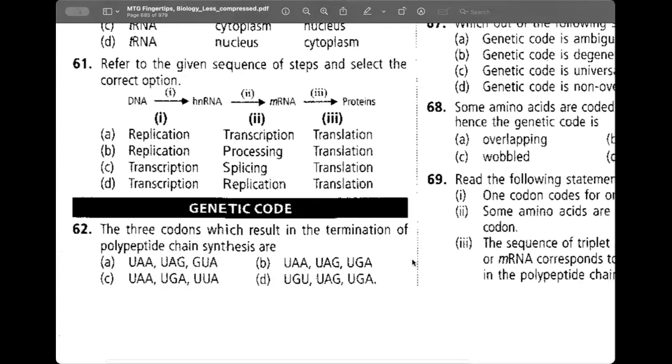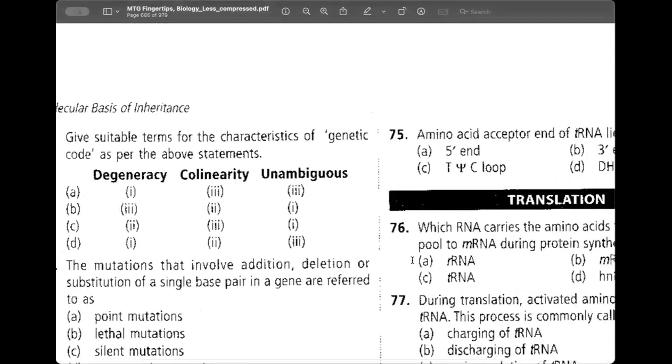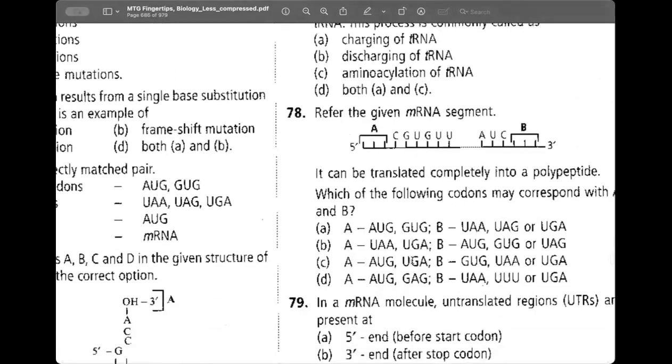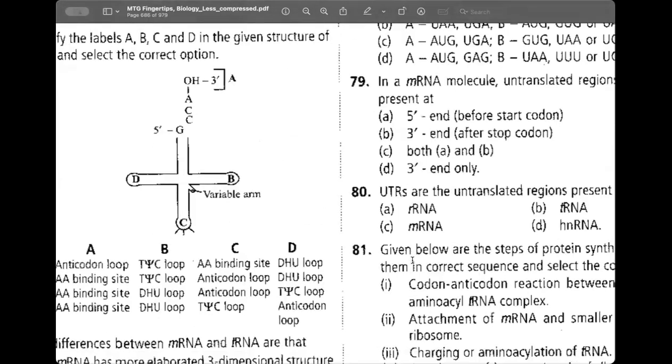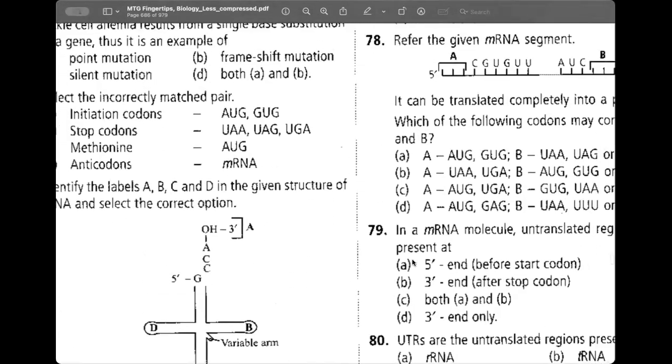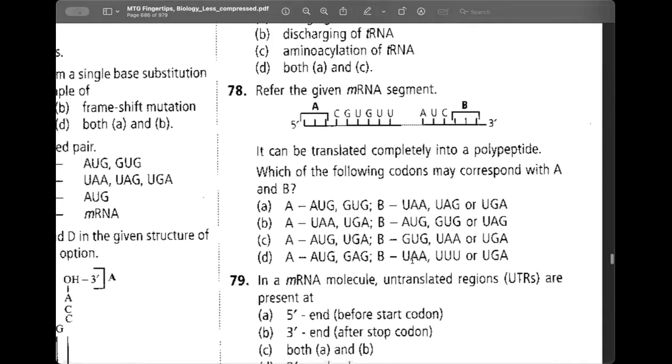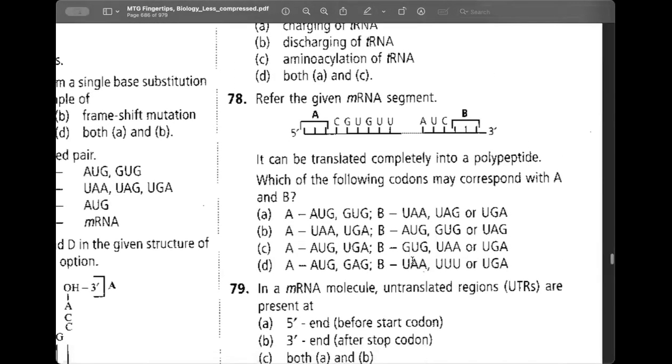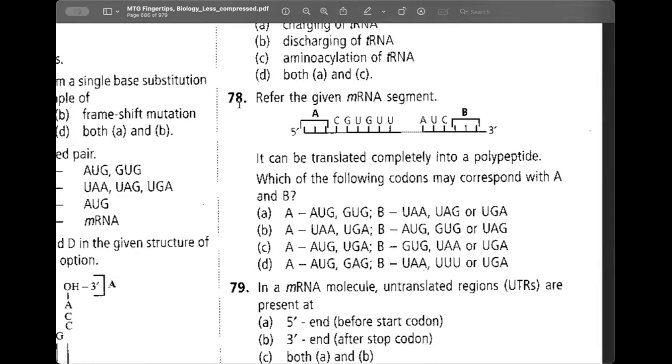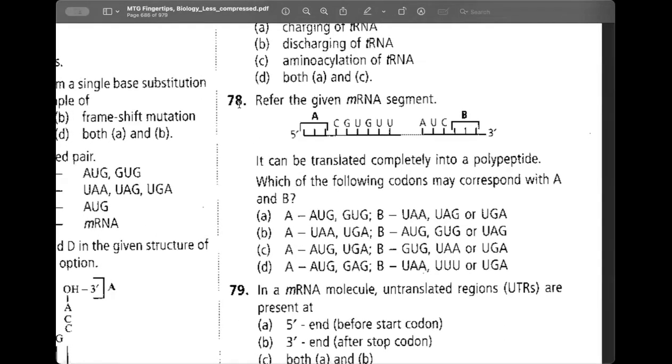Anyways, but there are some difficult questions that will come too, one of which is this one. Question 78, concept based. Can you just read it and tell me what do you think?